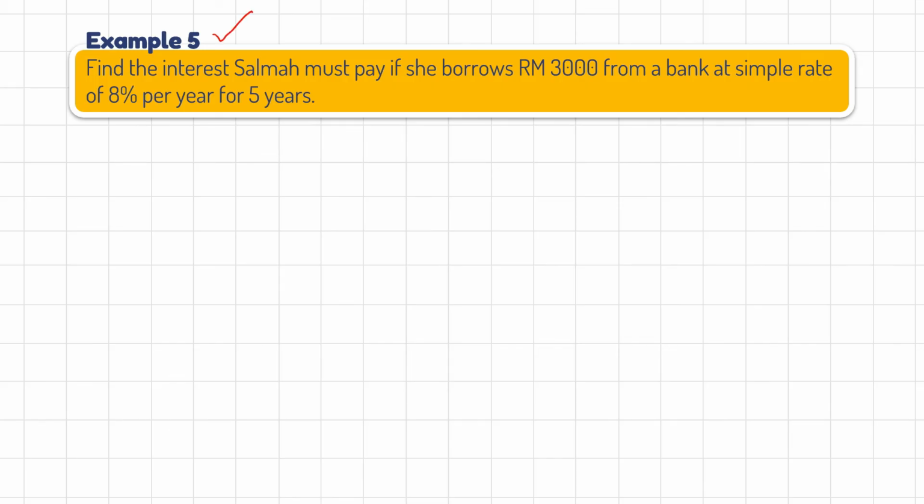Example 5. Find the interest Salma must pay if she borrows RM3,000 from a bank at simple interest rate of 8% per year for 5 years. First of all, let's find the information that we have. First, we have 3,000. So this is our P because this is the amount that she borrows.